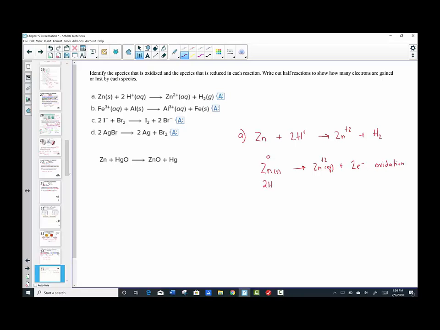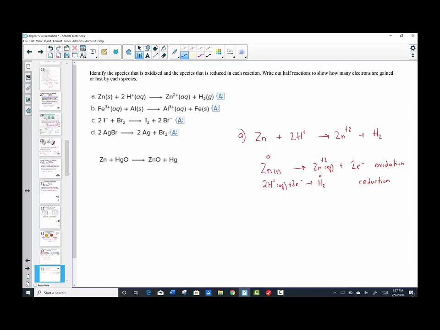The 2 hydrogen ions started as aqueous ions and turned into the elemental form of hydrogen. To go from a +2 to a 0 required gaining 2 electrons. I should remember to leave room. So +2 electrons. Becoming more negative requires gaining. So this is the reduction half reaction. How many electrons are lost or gained?